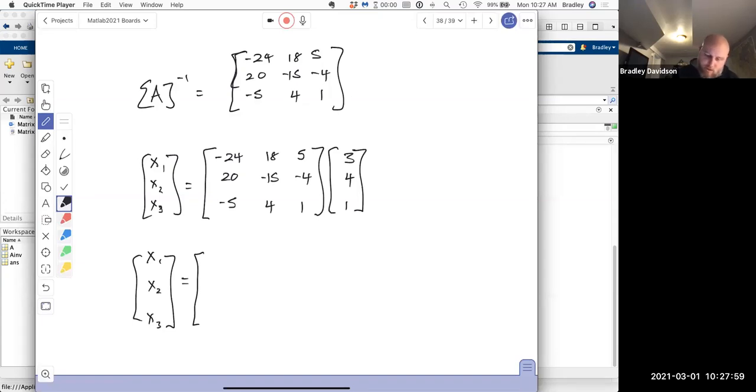We will get 3 times negative 24 plus 4 times 18 plus 1 times 5 for the first row, or our first value. And then 3 times 20 plus 4 times negative 15 plus 1 times negative 4.